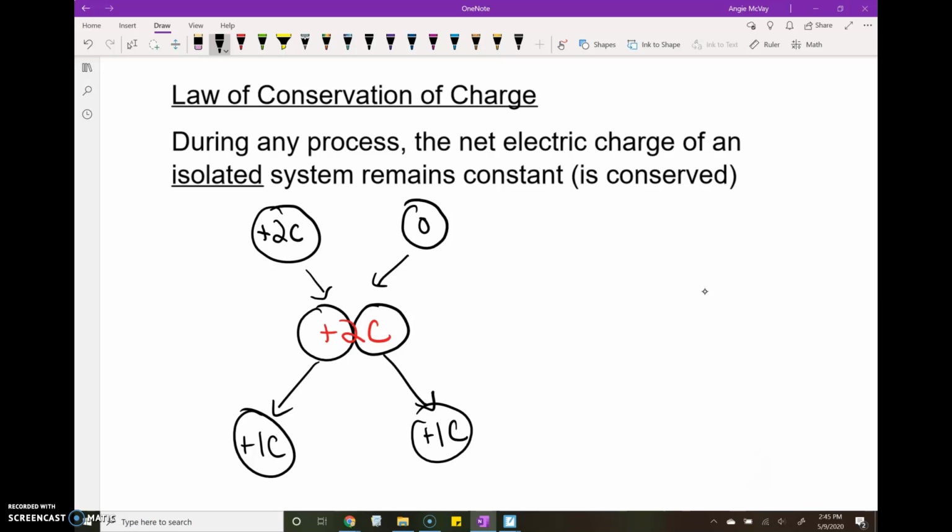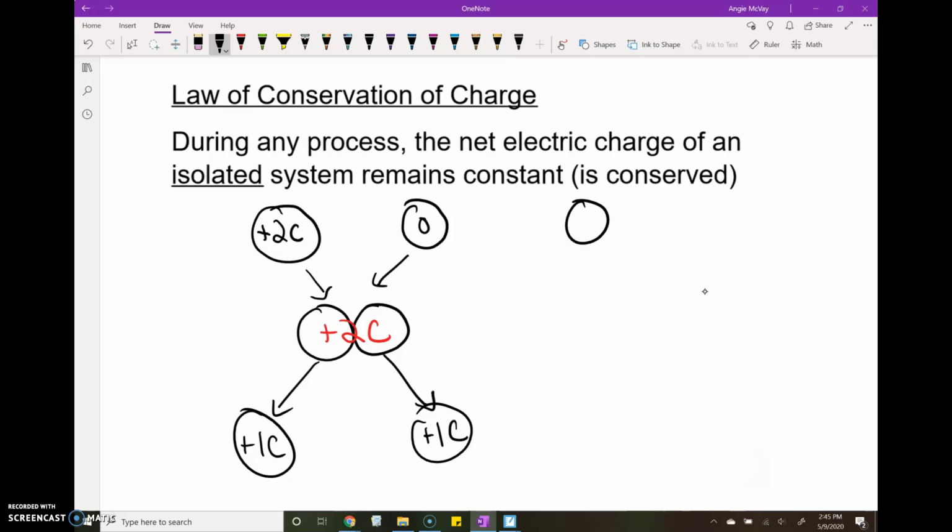Before they touch, they have a net charge of positive 2 coulombs. After they touch, they together have a charge of positive 2 coulombs. And when they separate again, they together have a charge of positive 2 coulombs. The total charge has been conserved in that interaction.